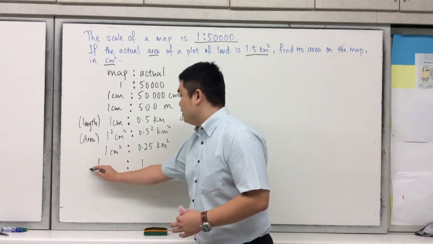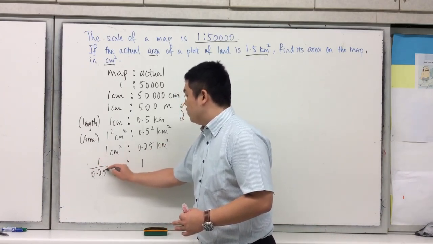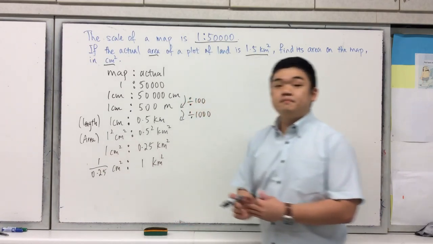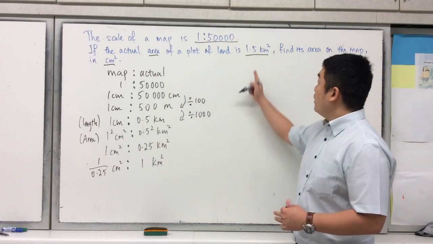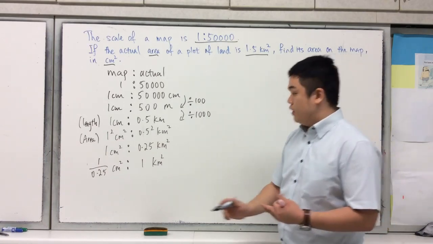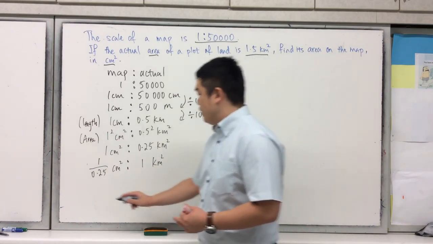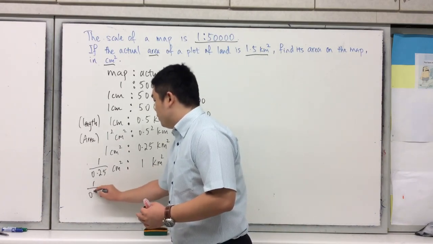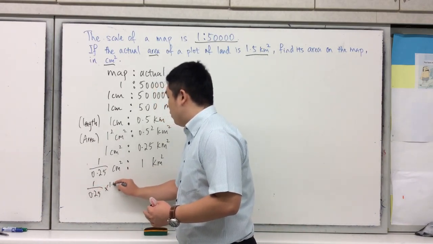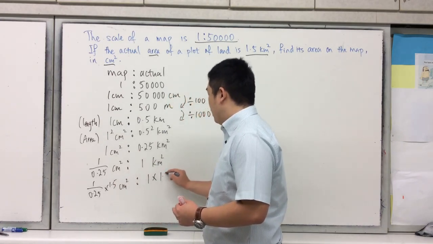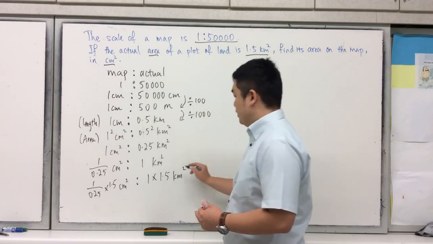So I'll put here 1 divided by 0.25 cm square is actually 1 kilometer square. Alright, now what I want is 1.5 kilometers square. So I will multiply 1.5 both on the left hand side and the right hand side. So 1 over 0.25 multiplied by 1.5 cm square is actually 1 multiplied by 1.5 kilometers square.